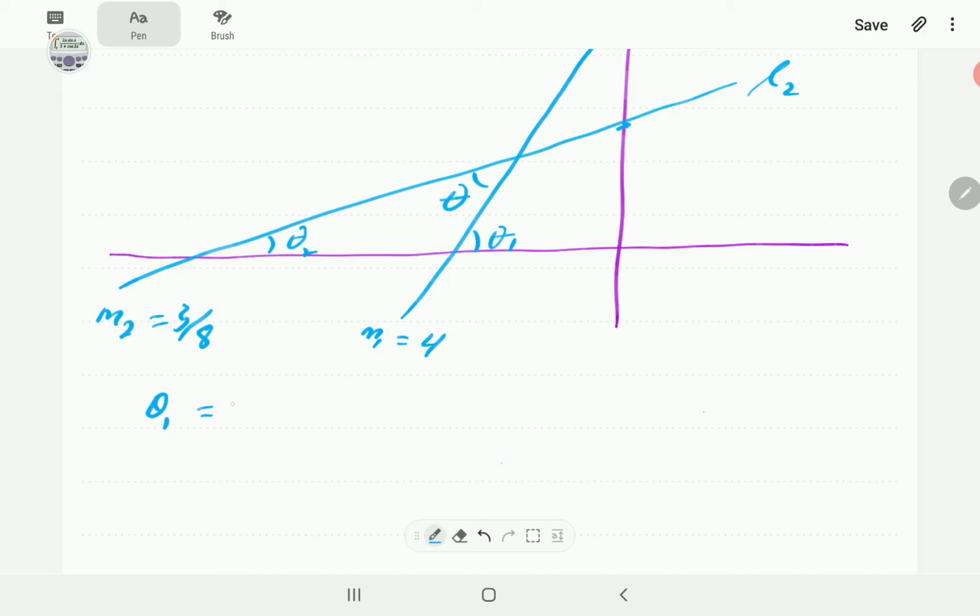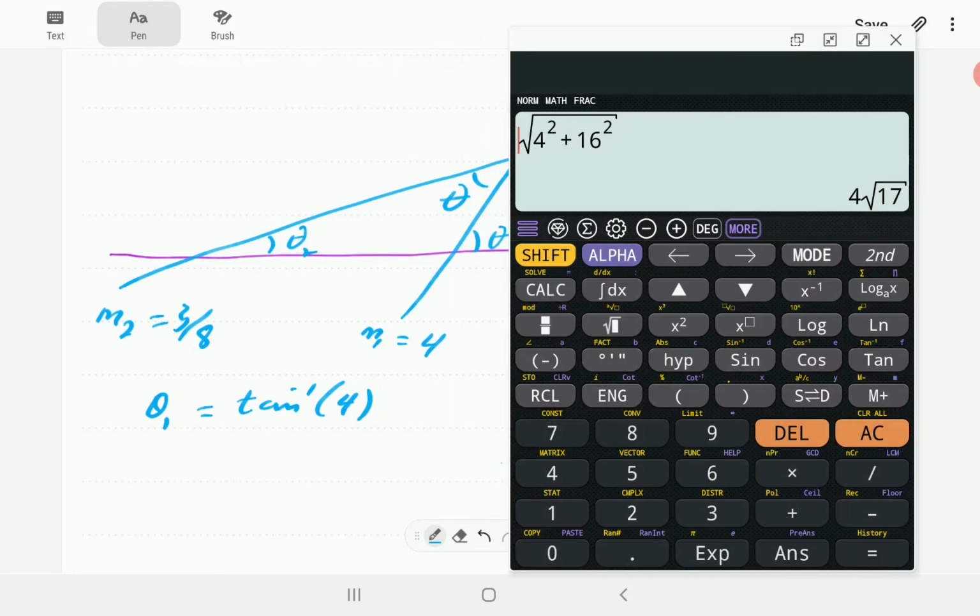So theta 1 is going to be inverse tangent of 4, which we can punch in the calculator.